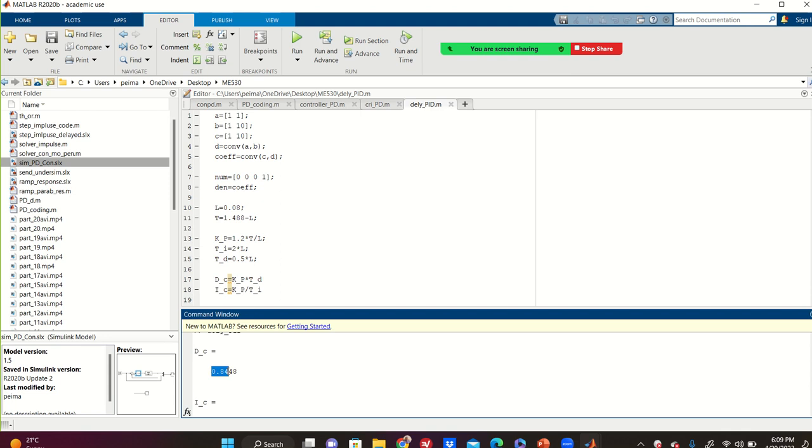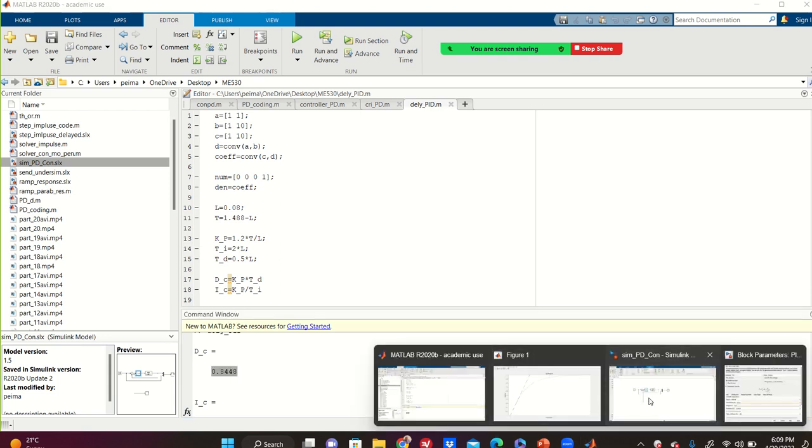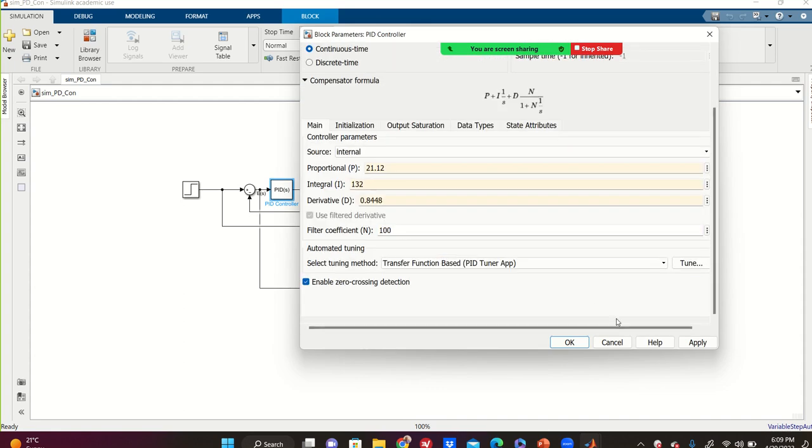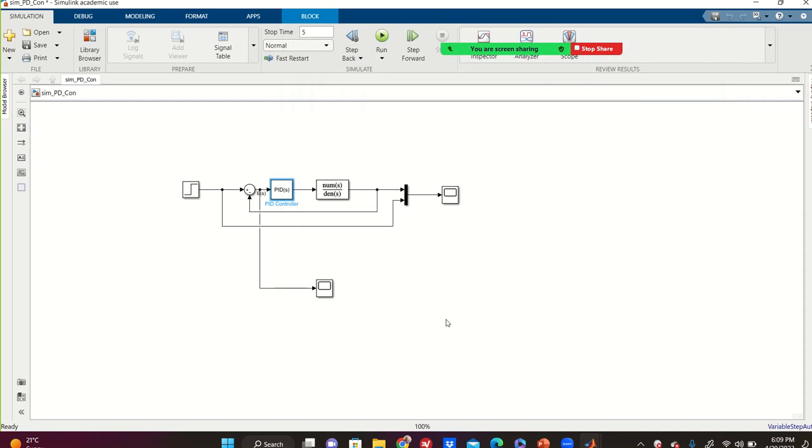This number. And this is derivative. Apply. Hopefully I didn't make any mistake numerically.